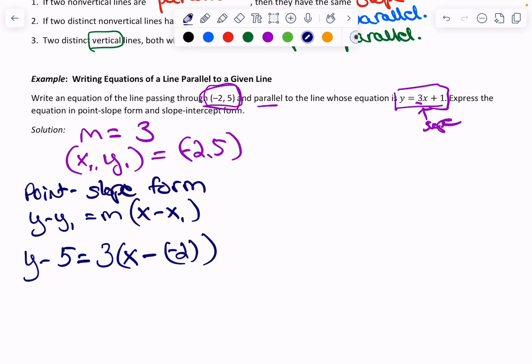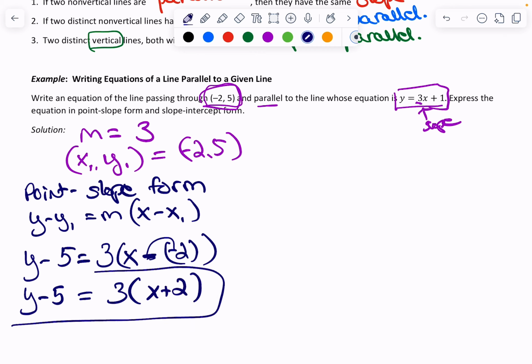And all we're going to do for the point-slope form is distribute this negative sign over here. So we're going to rewrite it as y minus 5 equals 3 times (x plus 2) inside parentheses. So that is your point-slope form.